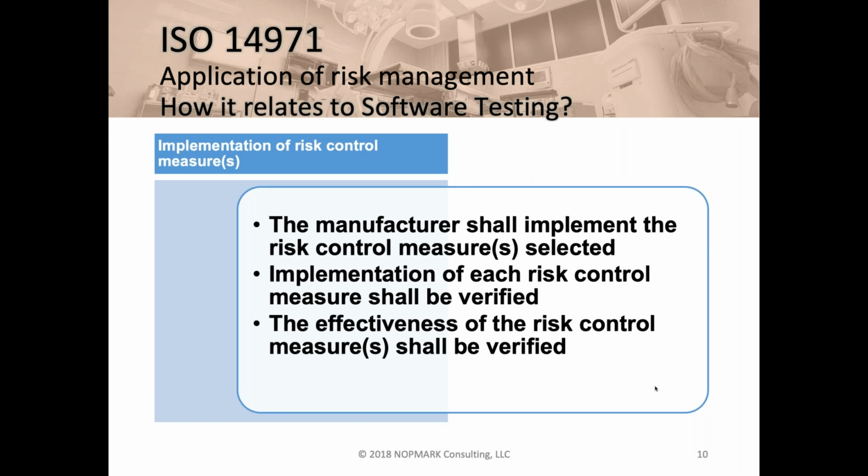So part of the software testing is also checking that if those sequences were to happen, the bad thing does not result, the software does the right thing, and there is no harm. So the scope of software testing expands beyond the functional software requirement to whether it is an effective risk control measure for that harm.